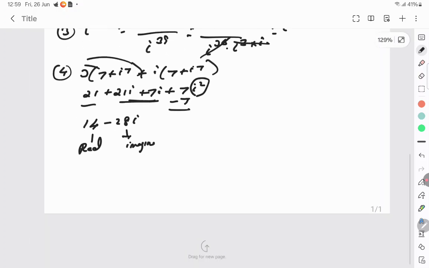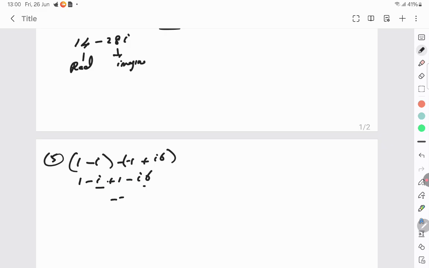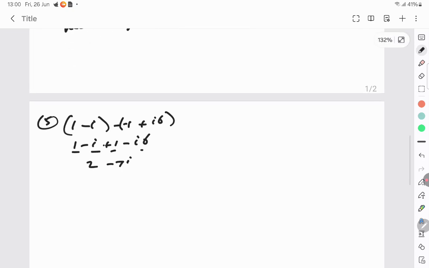So let's go to next sum. Fifth question. 1 minus i minus 1 plus i6. Just open the bracket. Solve the i and i. Add the real part, solve that imaginary part and solve the real part.